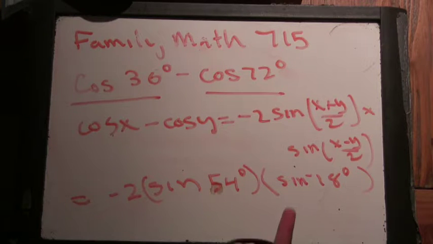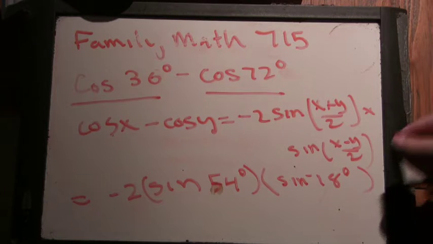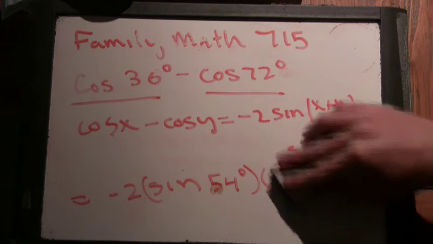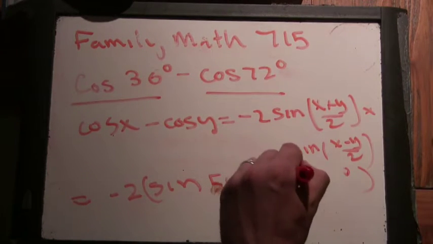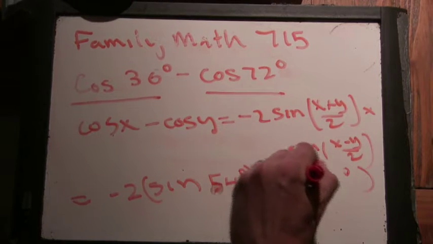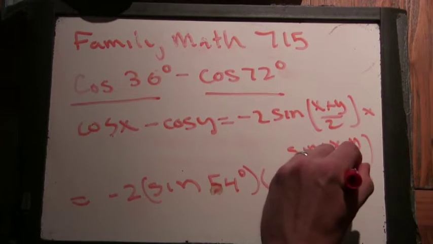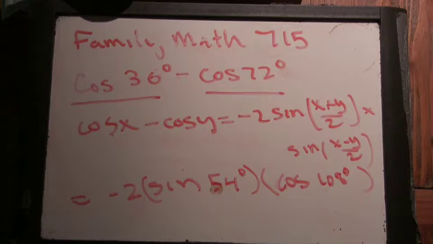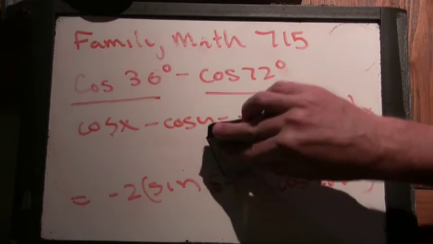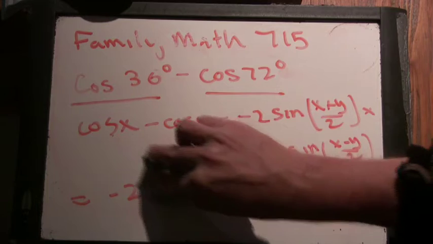And you could say this is cosine of 108 degrees. And then I'm going to make this into cosine as well. So it'll be cosine of 36 degrees. Okay, now you're cooking with butter.